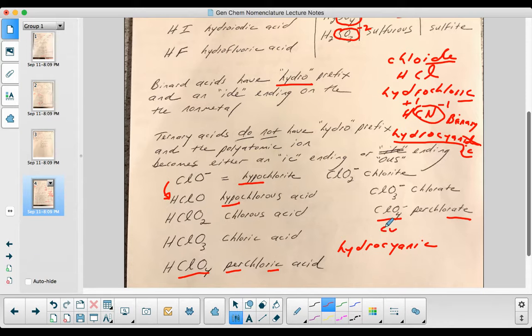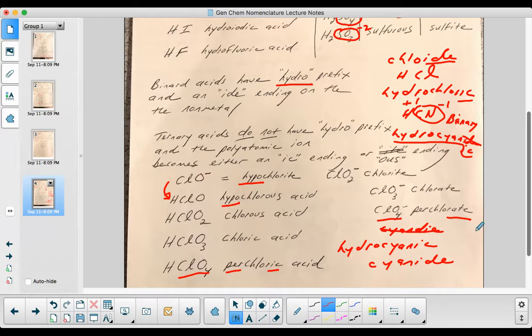So it's because the cyanide, the name of that ion, has the IDE ending, and I completely did that wrong again. Cyanide.